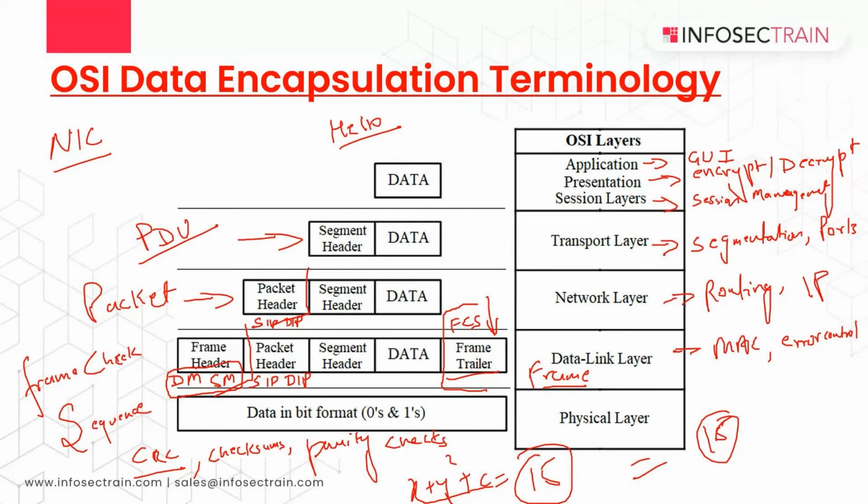Clear? Now once it removes those packet headers, we are left with the data that was sent, and that data is sent to the transport layer, right? That's how this thing works.